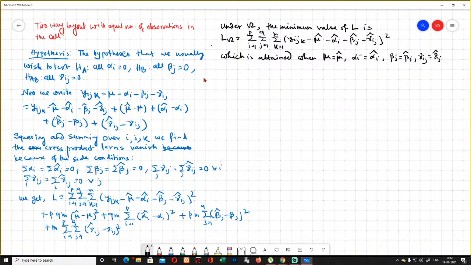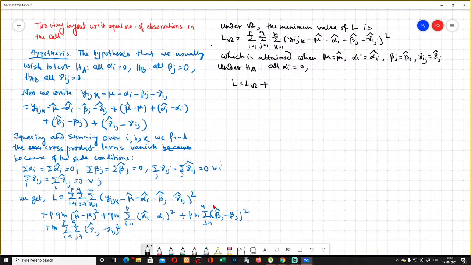Under HA, that means all alpha equal to 0, then L becomes L omega plus, that means all alpha equal to 0.